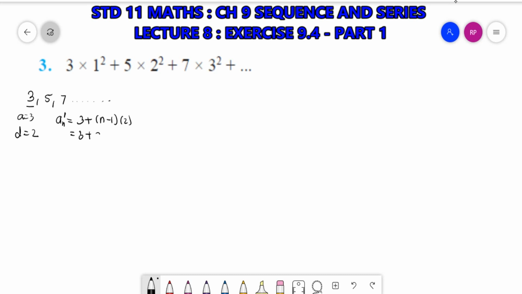So 3 plus 2n minus 2. So it will be 2n plus 1. The second series is 1 square, 2 square, 3 square and so on. So here we can directly write that this is equal to n square.